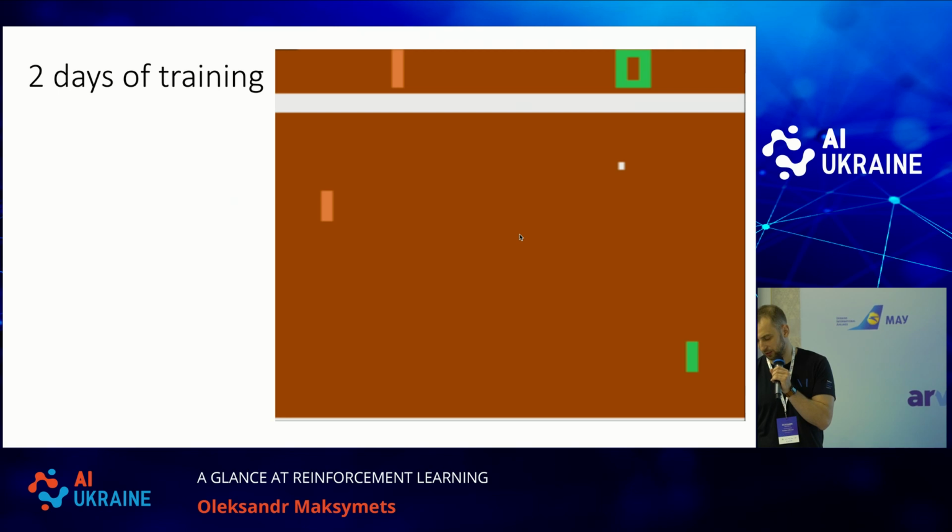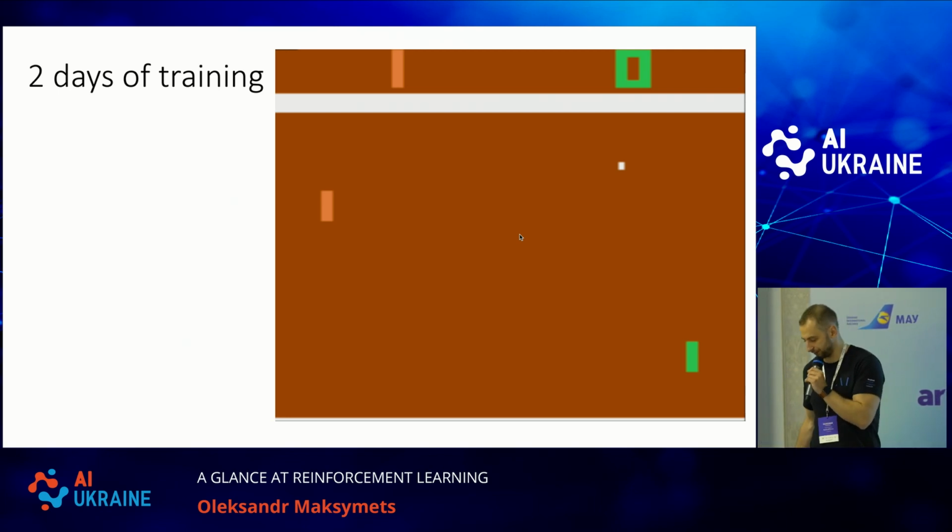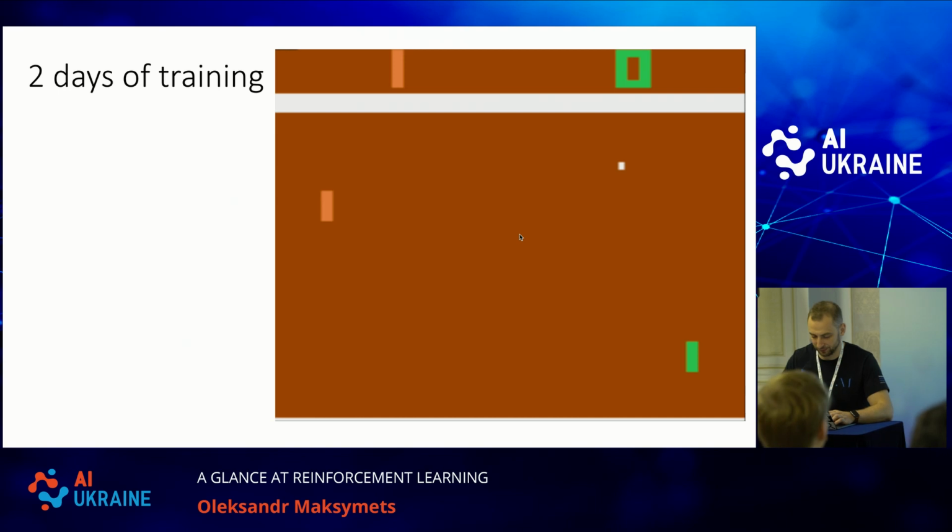Okay, so we can take a look at the code that I have here, and I will run it, and then we'll talk a little bit more about RL in the real world.